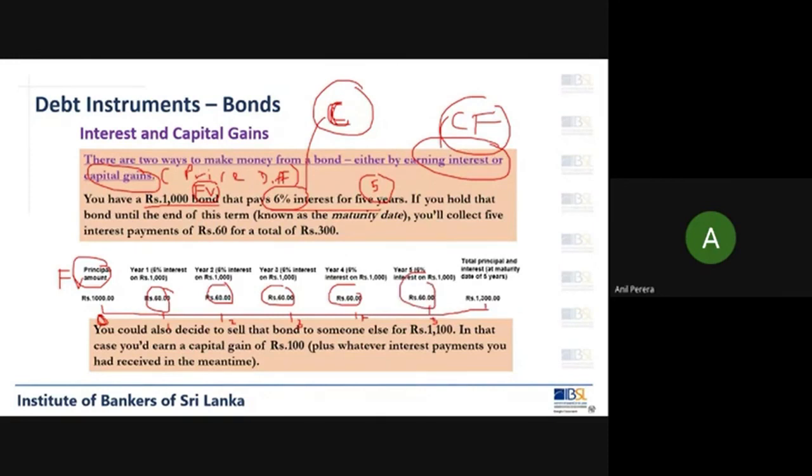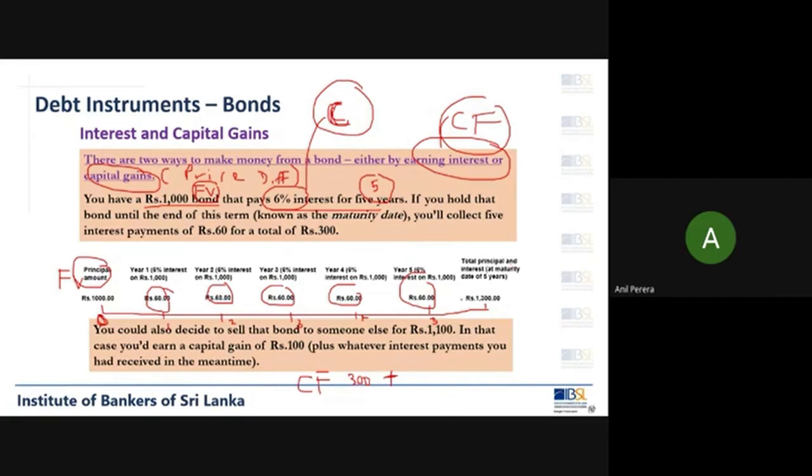So if you add up all these cash incomes, what do you get? Around 300 is received as the cash payments. Okay.